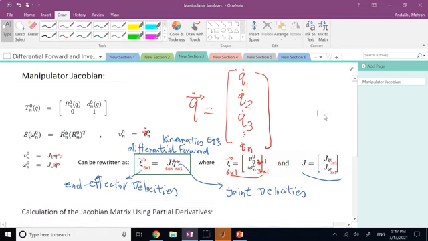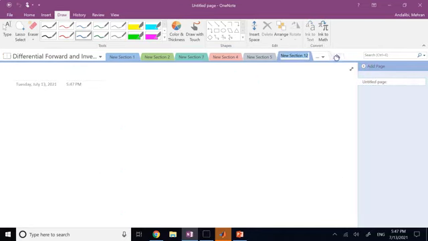Now, the importance of this is that this relation is way simpler than the forward kinematics equations. For example, let's say I have the 2 degree of freedom planar R. Here, the end effector only has really x and y.